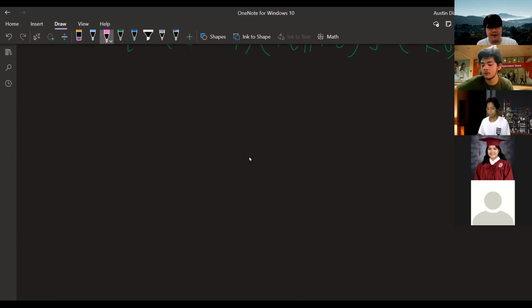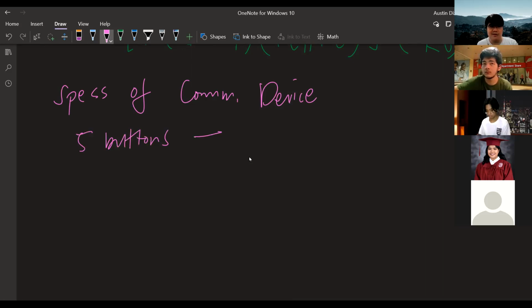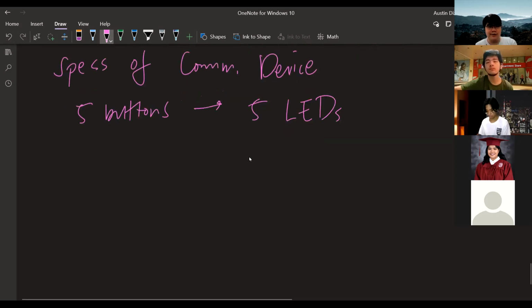Okay, let's do this. So first things first, gagawa tayo ng, meron akong, so yung device, specs of communication device, 5 buttons, 5 LEDs are used to communicate.